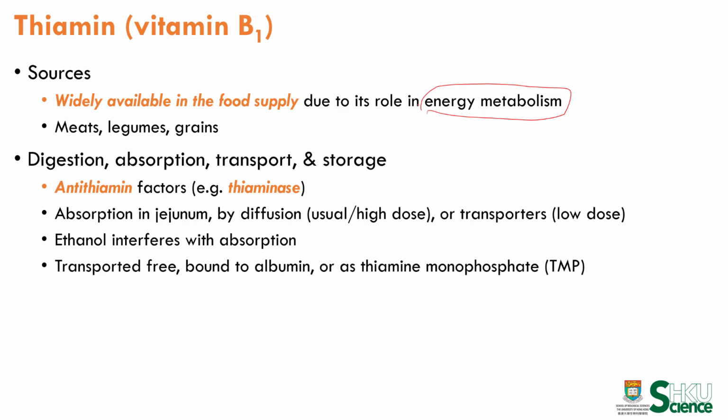That means any living organism requiring energy metabolism would have thiamine inside its cells. Therefore, in our food supply, which most of them are made from living organisms, such as muscle meat from an animal, legumes and grains from plants, they all would contain a reasonable amount of thiamine at the very least, if not a lot of thiamine.